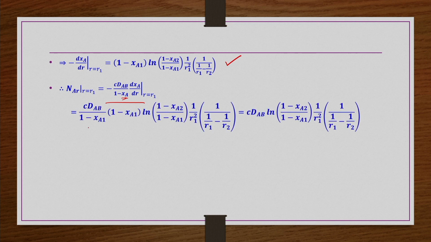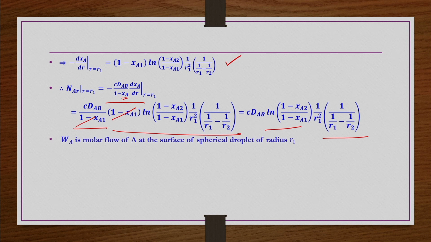So, that is C dAB by 1 minus xa1, and then minus dxa by dr is this one. So, 1 minus xa1 and 1 minus xa1 cancel out, leaving C dAB ln of this term, and then 1 by r1 square, and then this term. This is the flux.